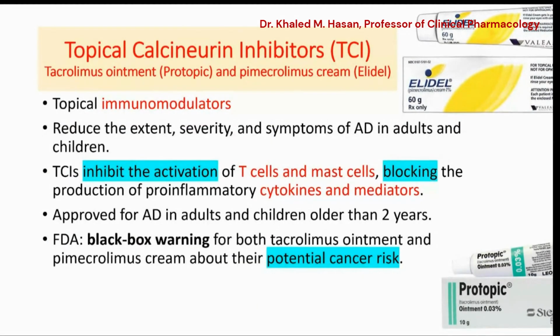Now we start talking about another medication, calcineurin inhibitors. We covered this in immunopharmacology, but here we speak about topical treatment.